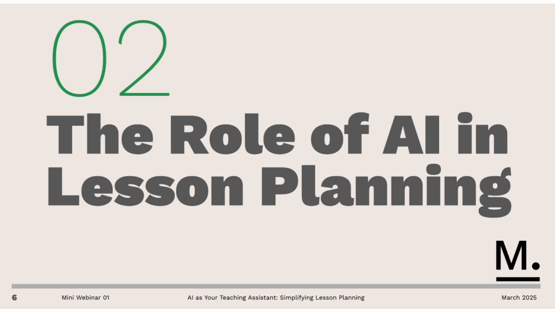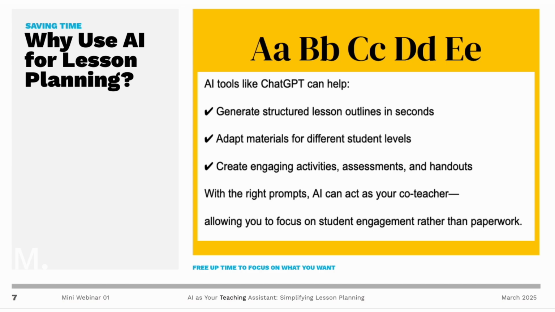All right, so we all know that lesson planning is very time consuming, and you came here to know how you can use AI for lesson planning to make it more efficient for you. Well, the good news is tools like ChatGPT can help you generate structured lesson outlines in a matter of seconds.